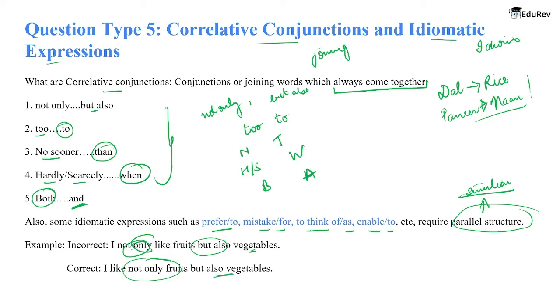So what is not correct? It is written I not only like fruits. This should be I like not only fruits but also vegetables. So you can see the difference here, right? So you have to be very careful while writing the answers.